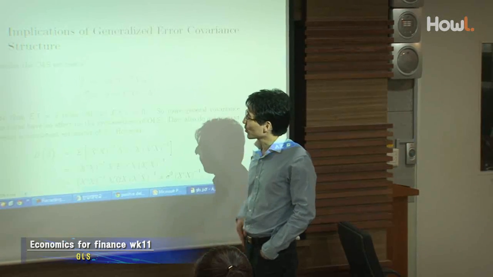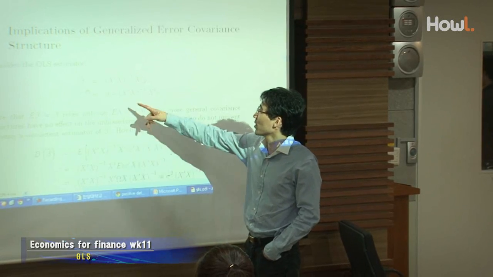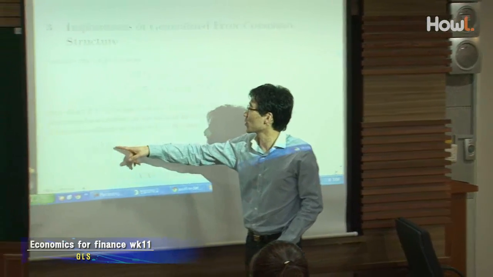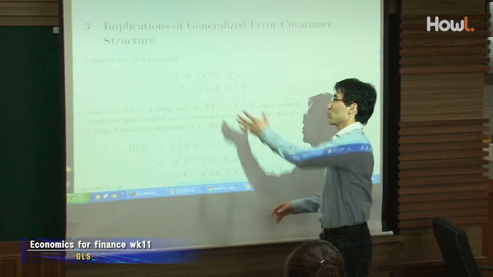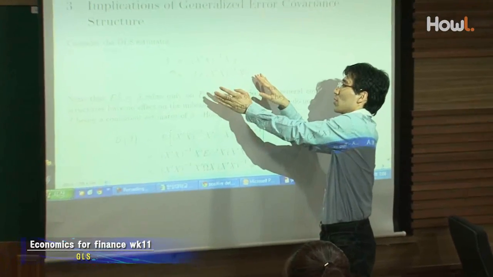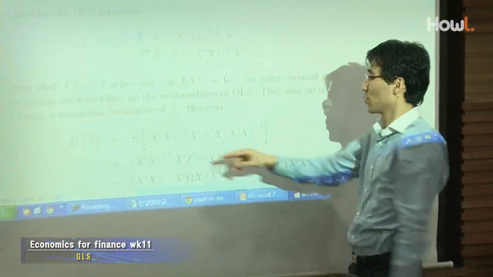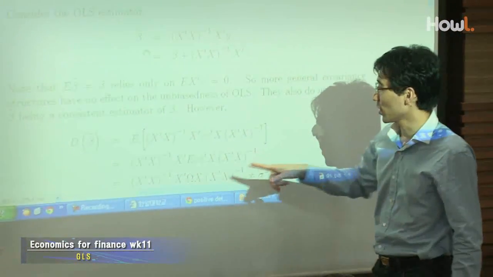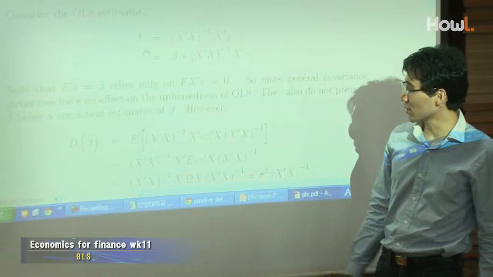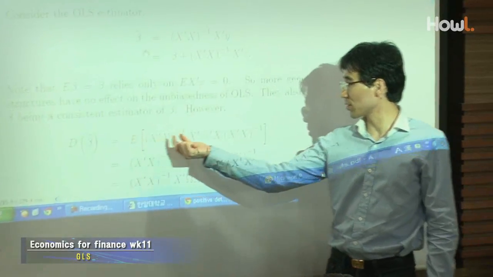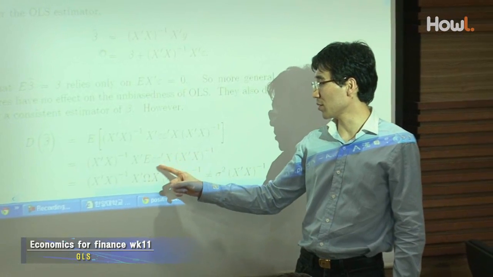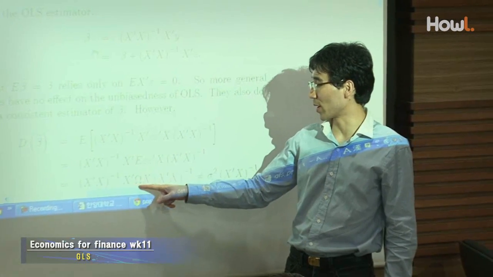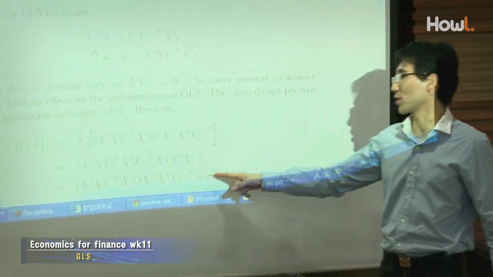So let's calculate the variance covariance matrix of beta hat. The variance covariance of beta hat is determined by this part, since the rest is constant. So this one is multiplied by the transpose of this one, so it looks like this. And then we regard them as constants, so we put the expected value in the middle. And we know this part, the expected value of epsilon epsilon prime, is omega. So this one looks like this.